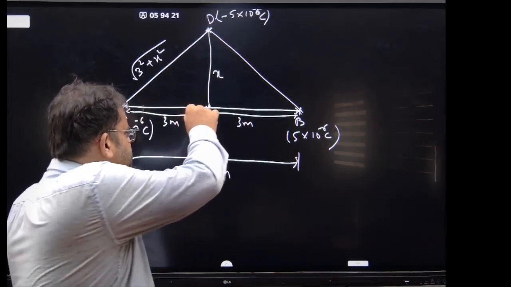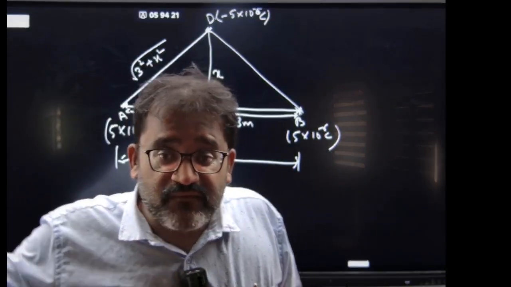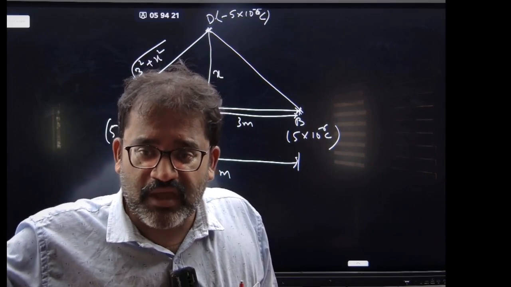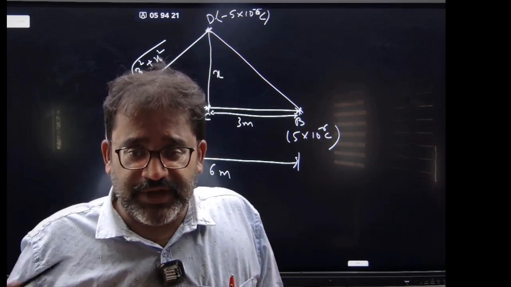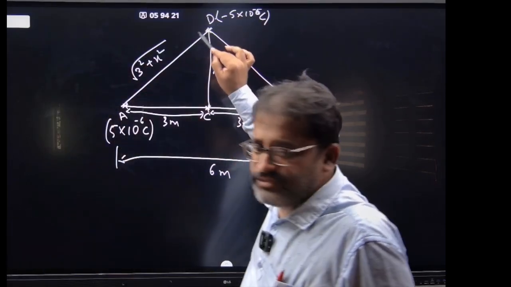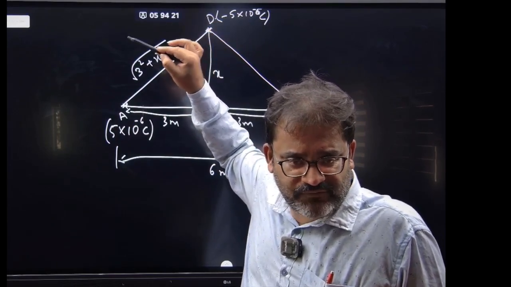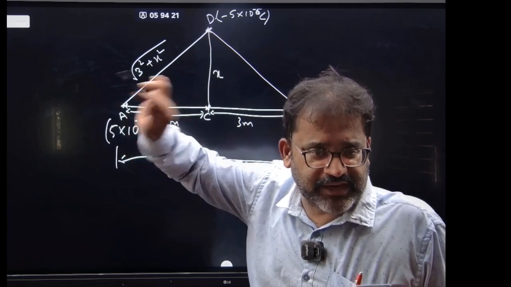When the charge moves from here to here, the potential energy changes and gets converted to kinetic energy. So gain in kinetic energy is equal to loss of potential energy.